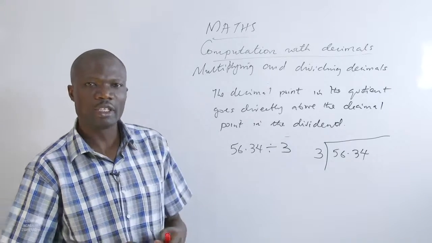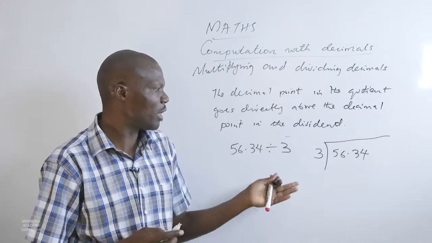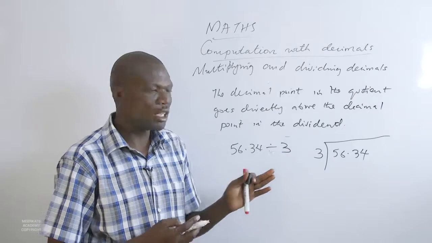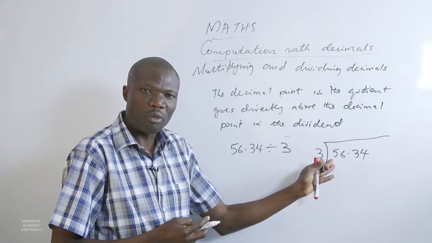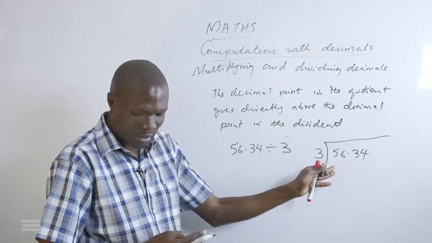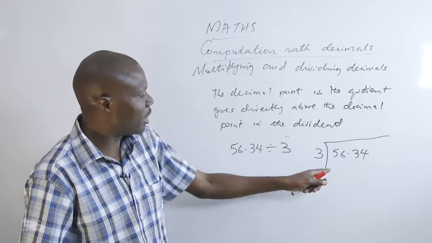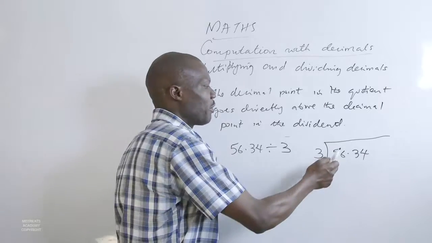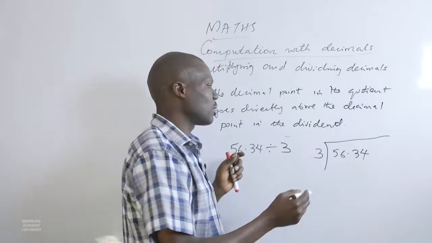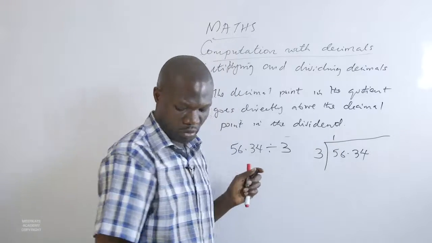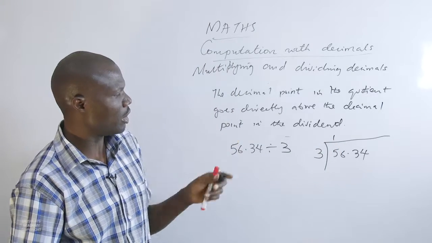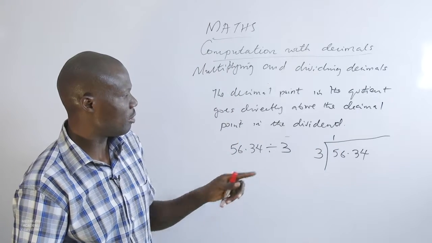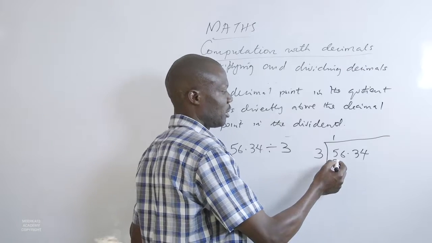Now, to divide this, we do it in a simple way. We start dividing the way we know, taking what we call the dividend, and from this one we start with 5. 5 divided by 3 gives us 1, then 1 multiplied by 3 gives us 3.